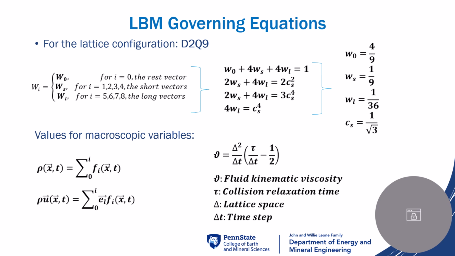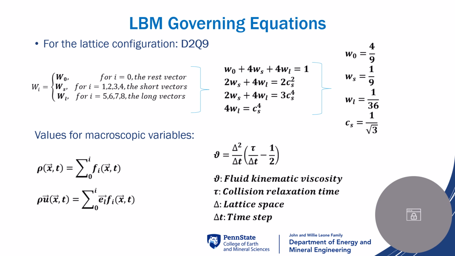For the D2Q9 lattice configuration, for example, the weighting factors wi assigned to each velocity direction are grouped based on symmetry: one for the rest vector, four for the short cardinal directions, and four for the diagonals. These weights are determined by solving the system of constraints involving the speed of sound, Cs, ensuring that the model reproduces correct fluid behavior. The solved values are shown here, with the rest direction carrying the highest weight.